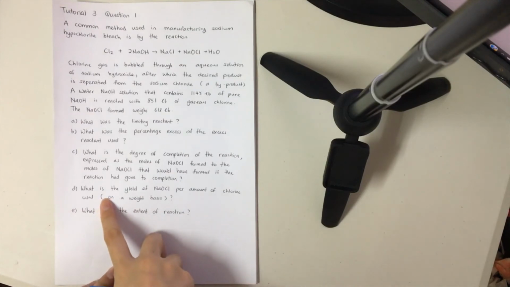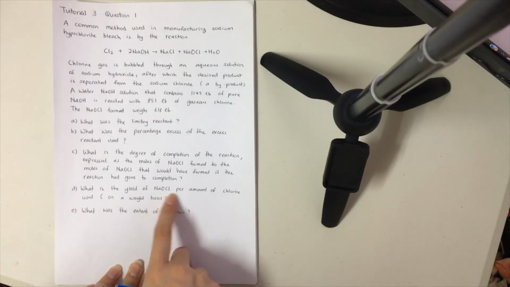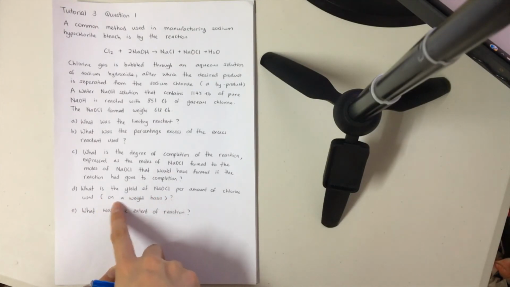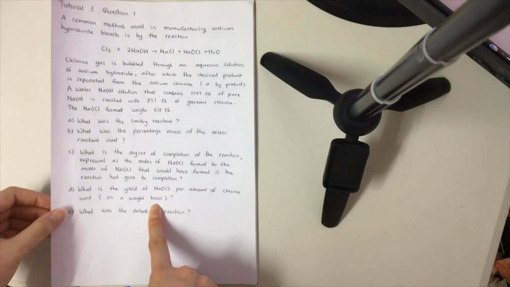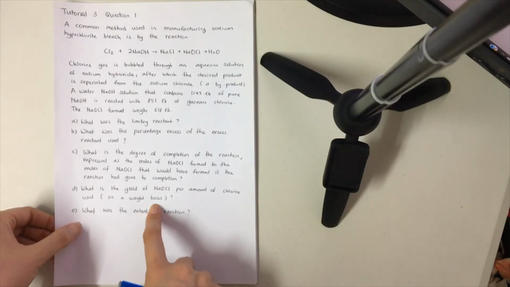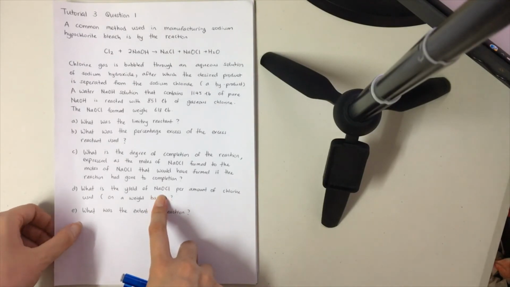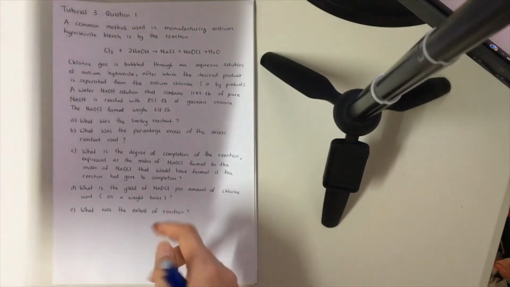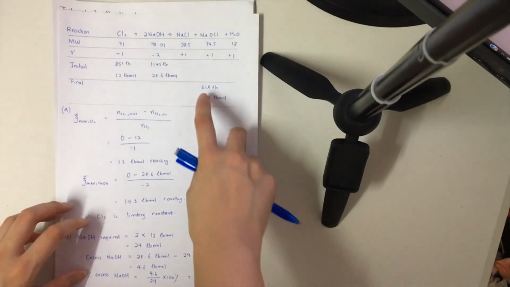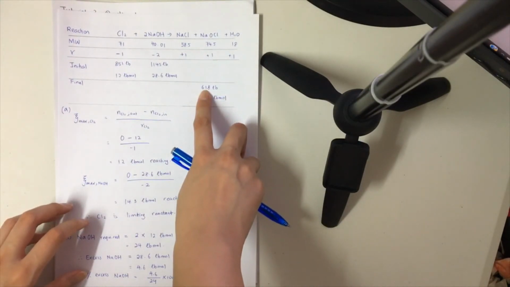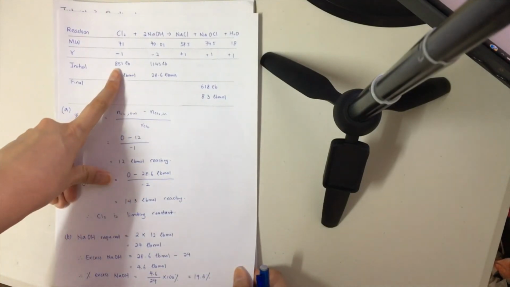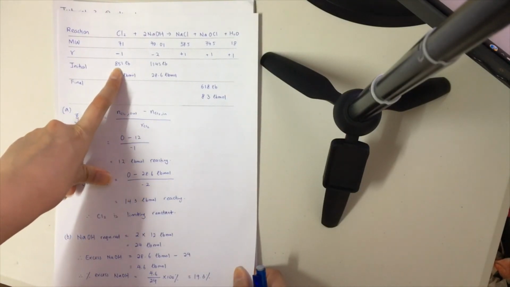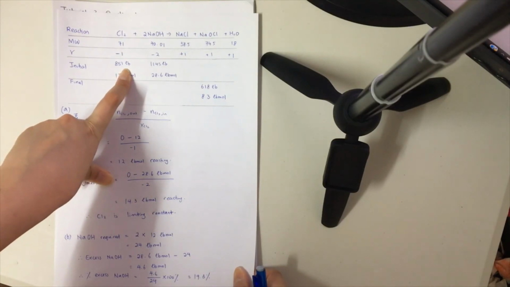Part D. What is the yield of NaOCl per amount of chlorine used on a weight basis? The NaOCl formed was 618 pounds, and per amount of Cl2 used, 851 pounds of Cl2 was used.